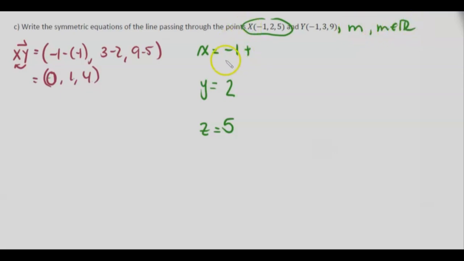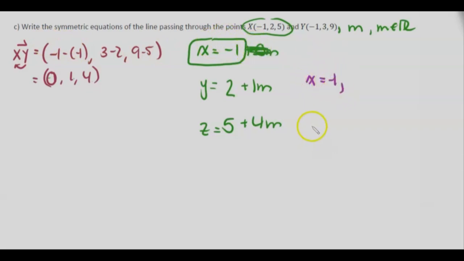M is going to be our parameter this time. So we have 0, 1, 4. So 0m plus 1m plus 4m. Okay, so immediately when I'm looking at this 0m, x equals -1. We're actually going to have to use that in our symmetric equation, which is totally fine. Okay, so let's just list them in order.